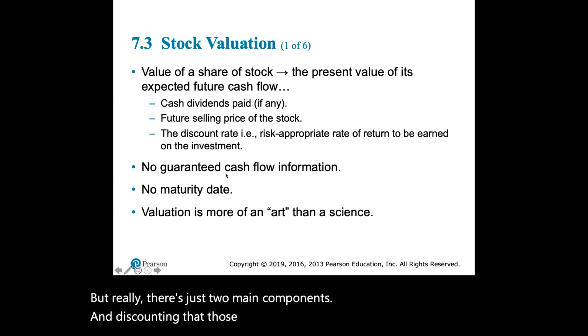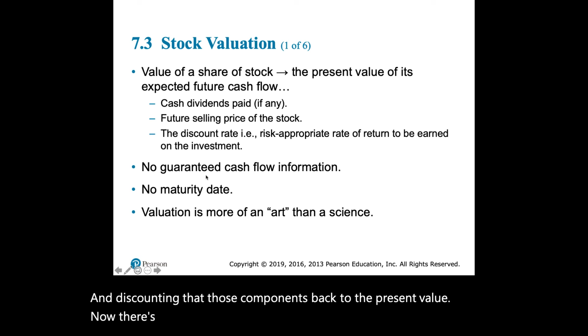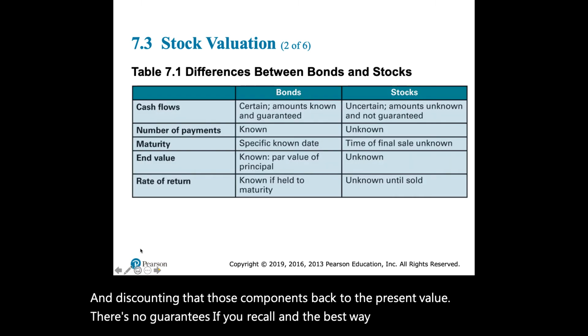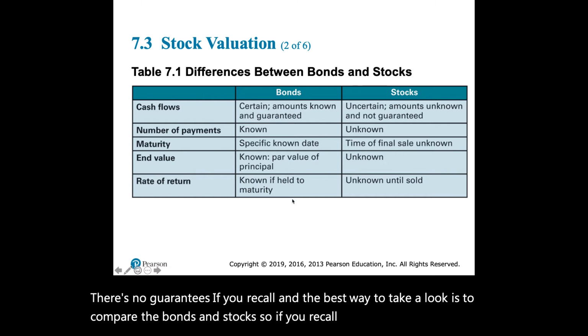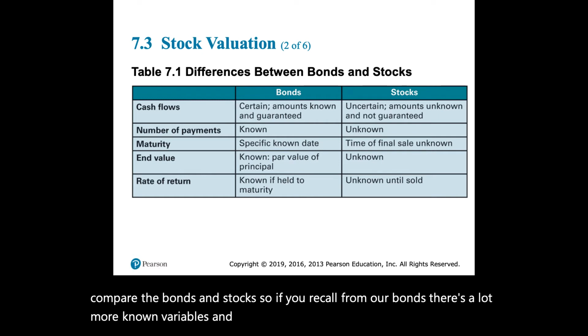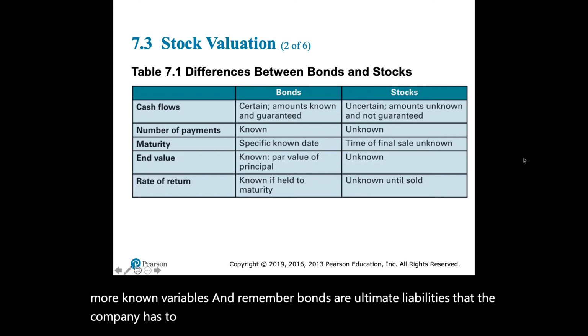Now, there's no guarantees. The best way to take a look is to compare bonds and stocks. If you recall from our bonds, there's a lot more known variables. And remember, the bonds are ultimate liabilities that the company has to pay out, so they're more likely to get that cash flow. It's more guaranteed.